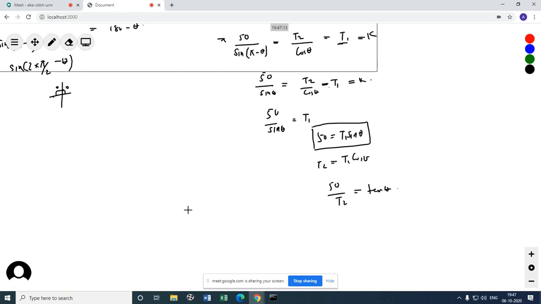T2 is 6 kg weight, so you have to multiply it by 10. 6 into 10 gives me 60 Newton. So 50 by 60, that is 5 by 6, is equal to tan theta.